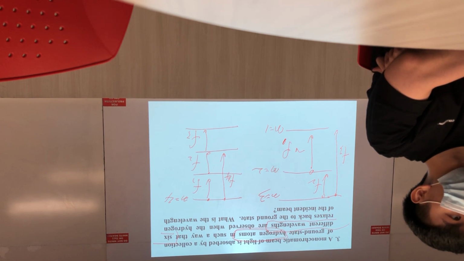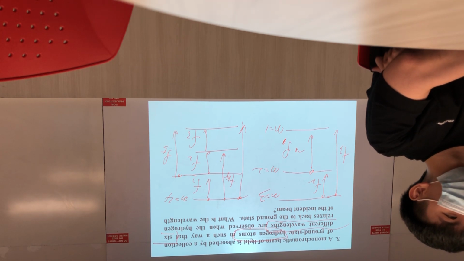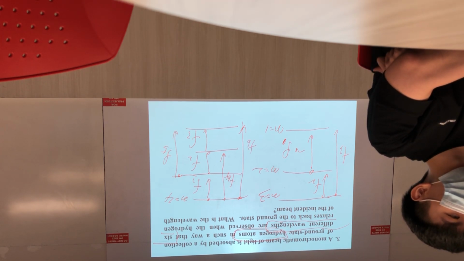Also, the electron at the third level can decay down to the ground level with frequency F5. And finally, the electron in level 4 can come directly down to the first level at F6. So it seems like we need 4 energy levels to have 6 different emission wavelengths. So now we see that we must have 4 energy levels.